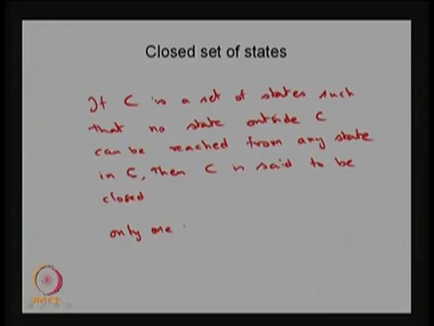If a closed communicating class has only one element, that means you cannot include one more state and still make it a closed communicating class, then if there is only one element in capital C, the state i is called an absorbing state.